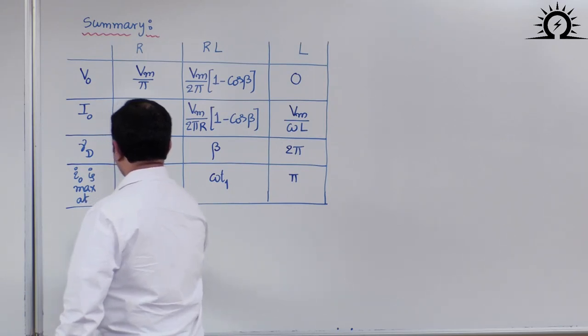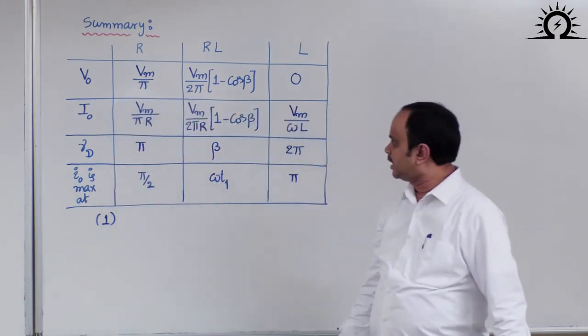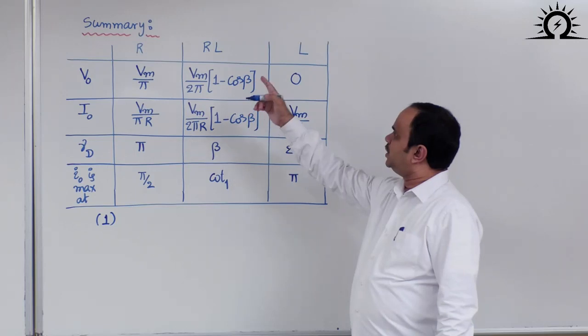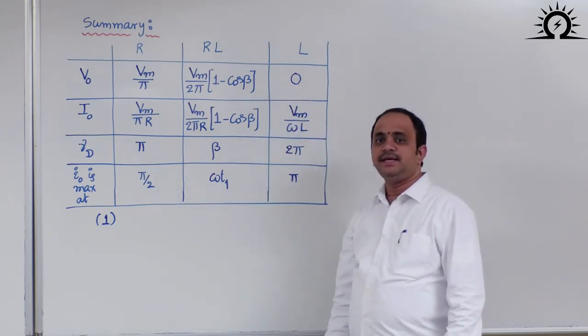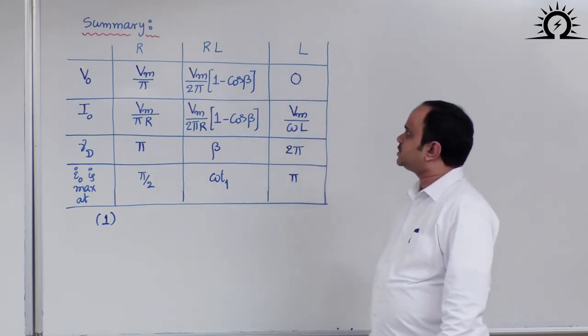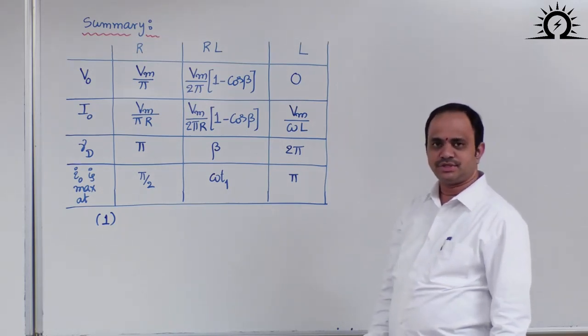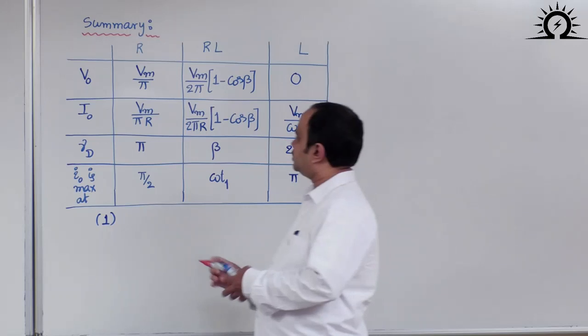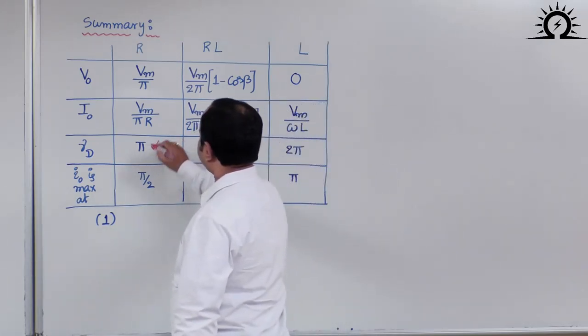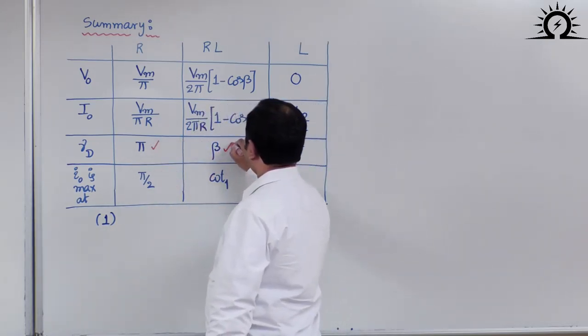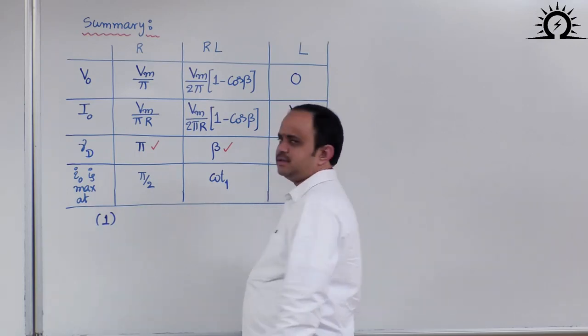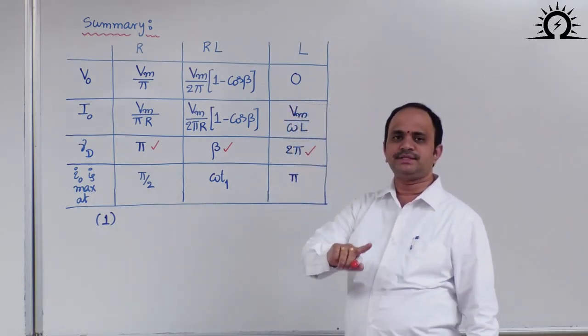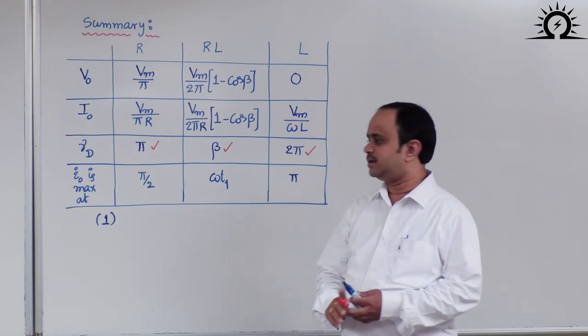The first comparison is when load inductance increases. First we considered a resistive load, then RL load, then pure inductive load. Now observe carefully, the conduction angle was first pi, then greater than pi, finally equal to 2 pi. 2 pi is the maximum conduction angle.